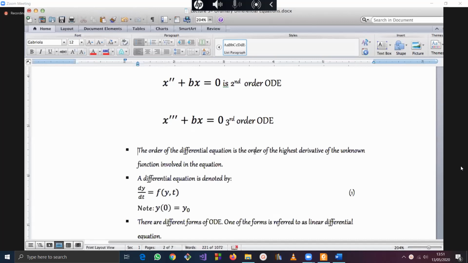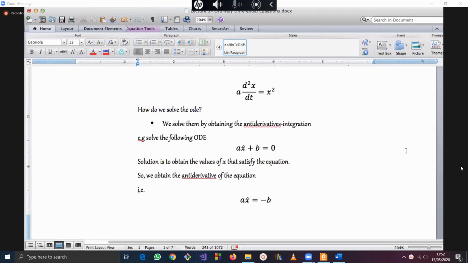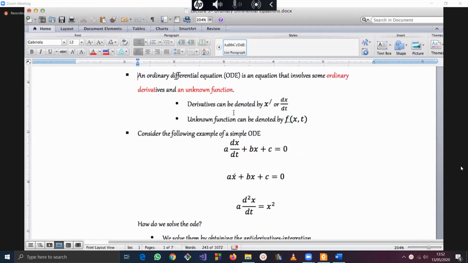The order of the differential equation is the order of the highest derivative of the unknown function involved in the equation, which is what I've indicated there. Then here is what I defined up there. Another way of explaining the things I explained up here, where we started from here, whereby I said that an ODE can be denoted by this and an unknown function can be denoted by this.